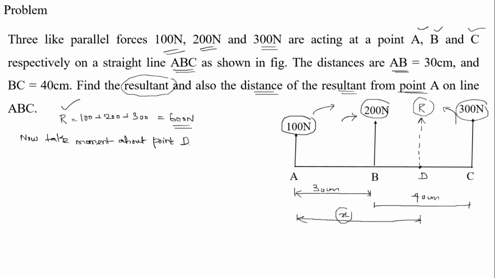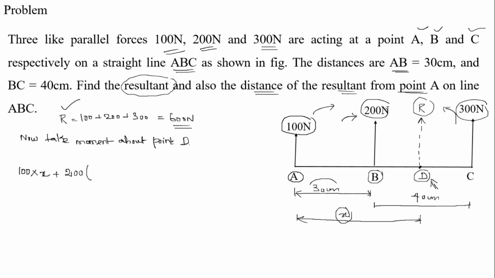Now, take moment about D. First point A: the 100 Newton is acting in the clockwise direction with a distance of x. So 100 Newton into the perpendicular distance between point A and point D, because we are taking moment with respect to point D. Now we consider point B. This 200 Newton is also acting clockwise, that is why plus 200 into the distance.